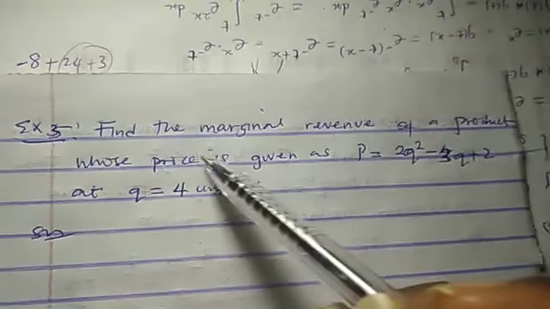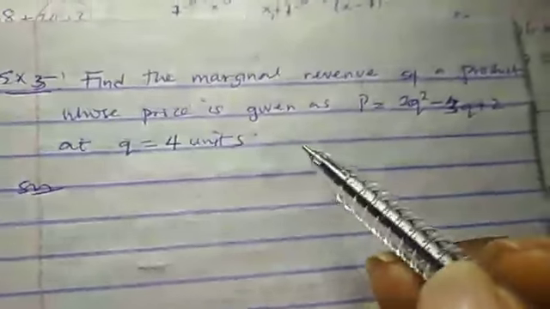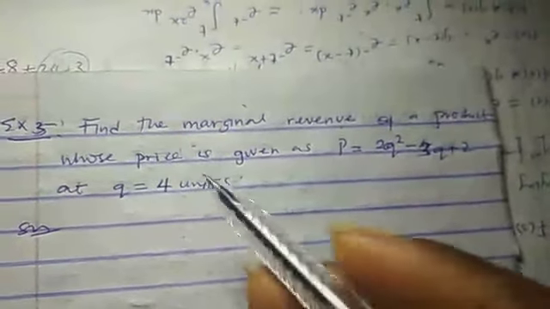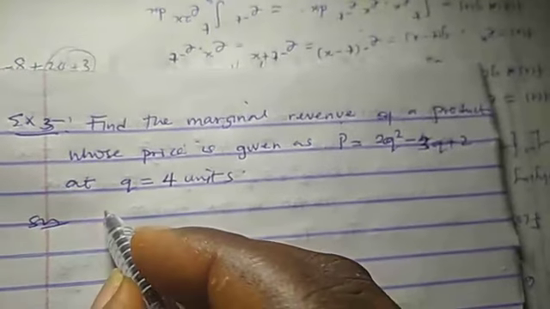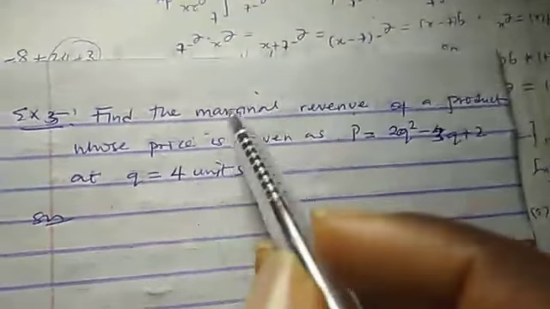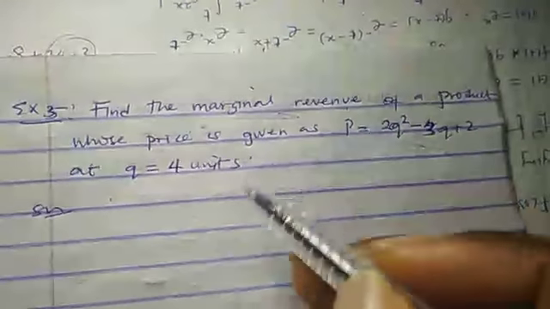Now, another example. Find the marginal revenue of a product whose price is given as this, at q equal to 4 units. Marginal revenue is not given here, but we can find the revenue itself. When revenue is given, that is when we can find marginal revenue. But here, we are given just price.